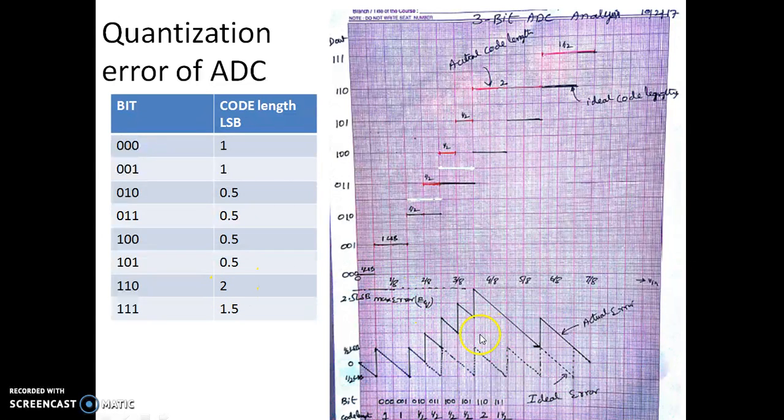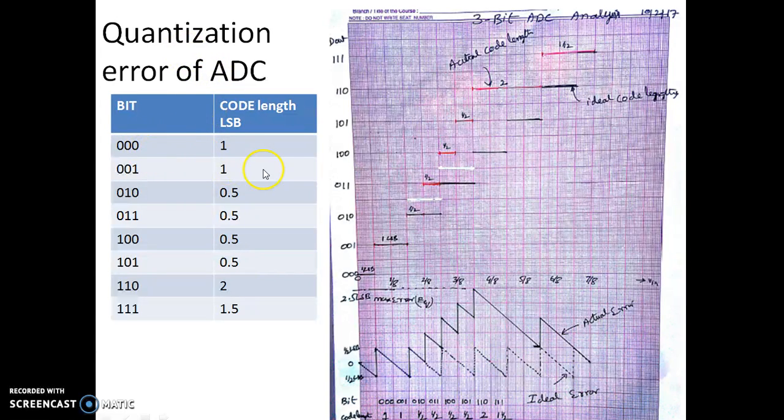So that's why we're not missing any codes. Even though the codes are not missed, we have a large quantization error because the quantization error is going up to almost 2.5 LSB, of course, as compared to the normal half LSB. So this way we can understand the quantization error plotting.